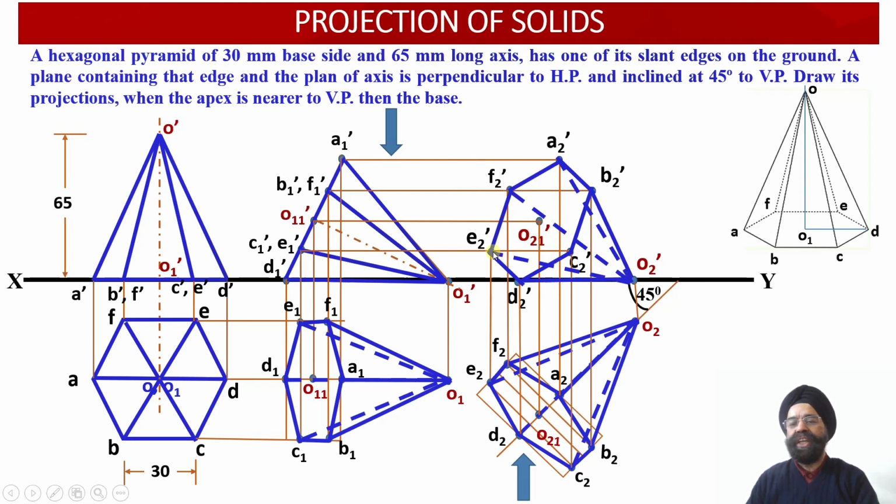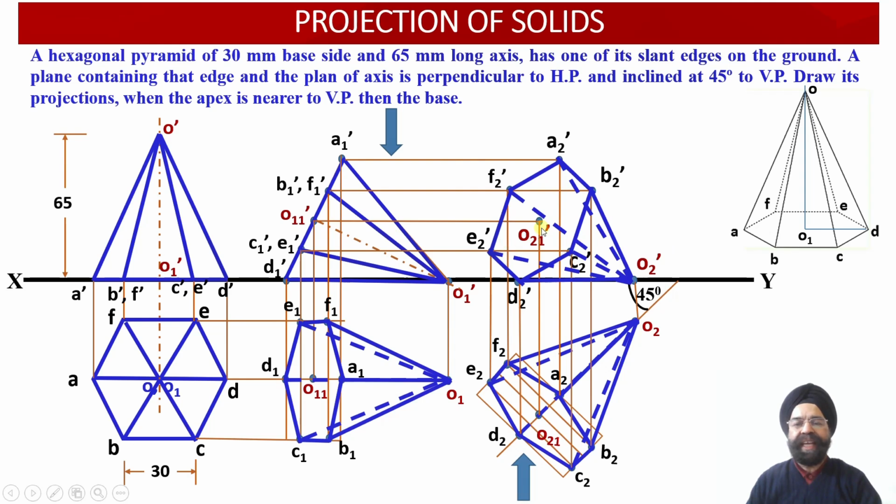And O2 dash, E2 dash should be joined dotted over here. Similarly, O2 dash, C2 dash should also be joined with the help of the hidden line over here. Why? Because O2 dash, C2 dash does not constitute the boundary. So we are going to get 4 slant edges joined with dotted lines, whereas the slant edges falling into the boundary have been joined with object lines or dark lines.